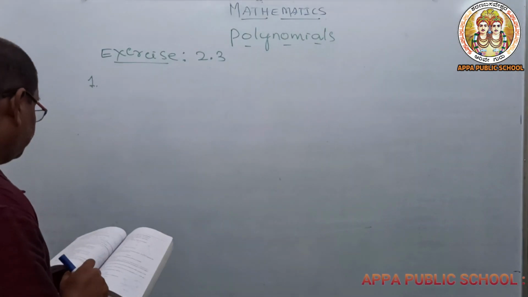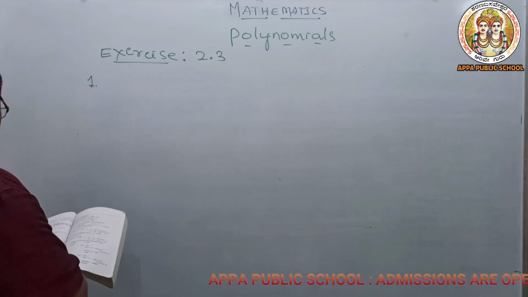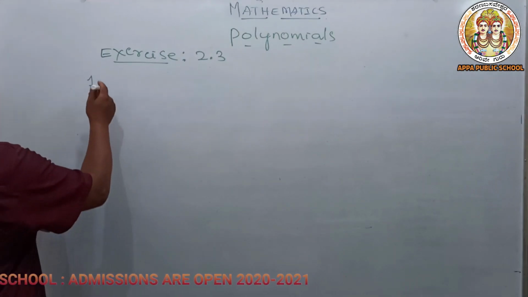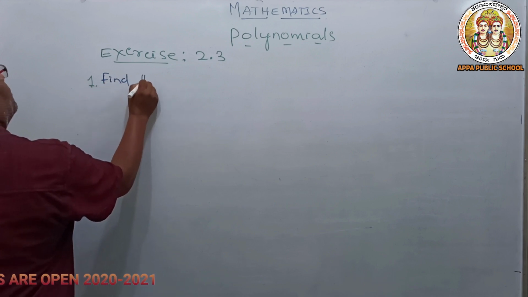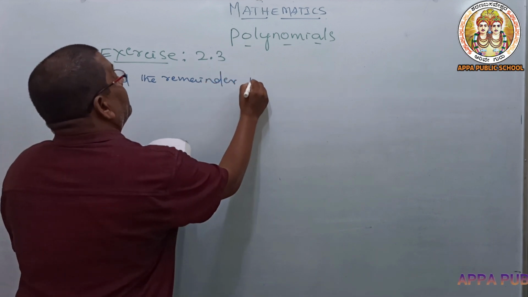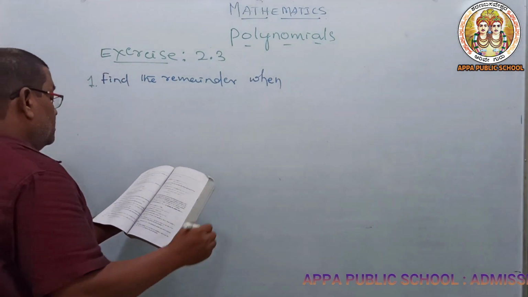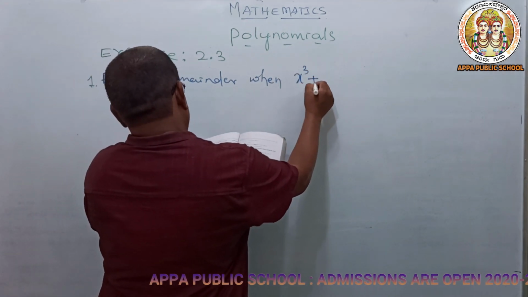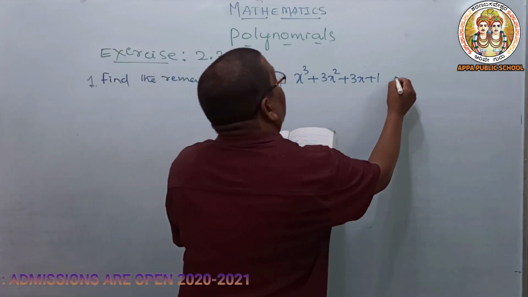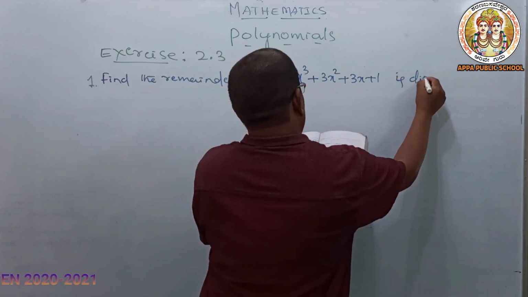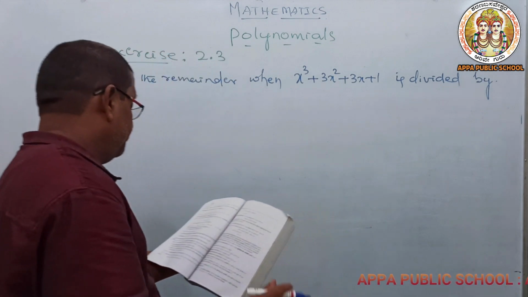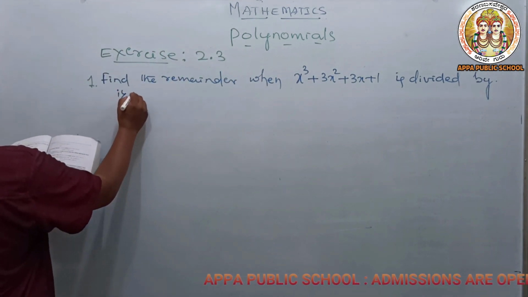What is the first question? Find the remainder when the polynomial is divided by, they gave so many linear polynomials.